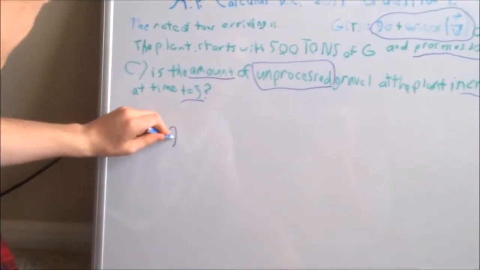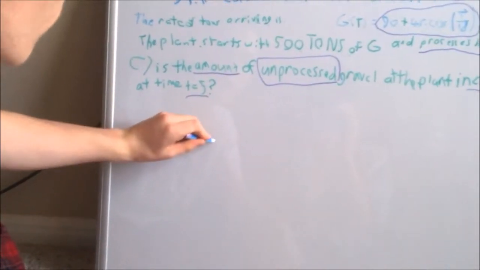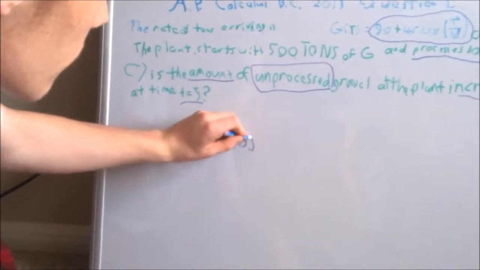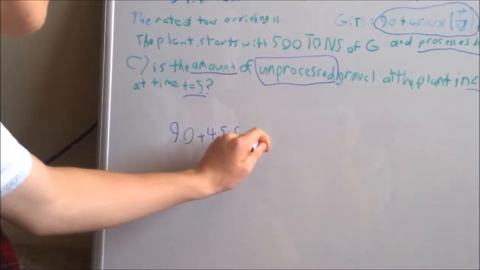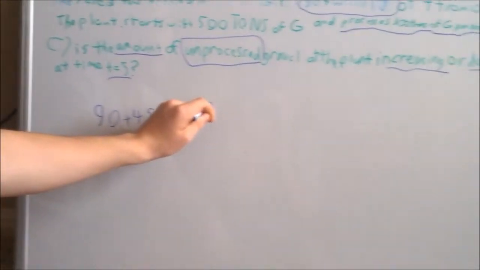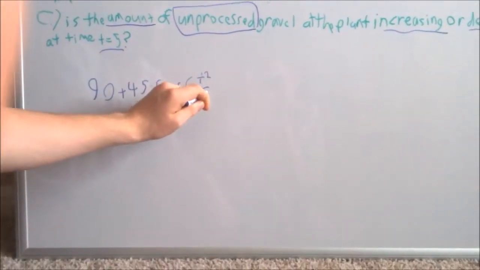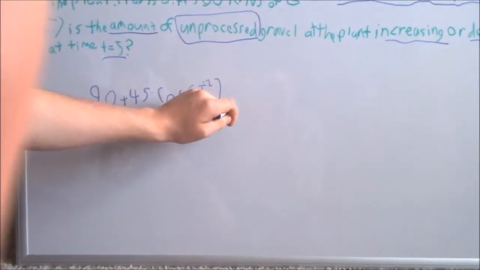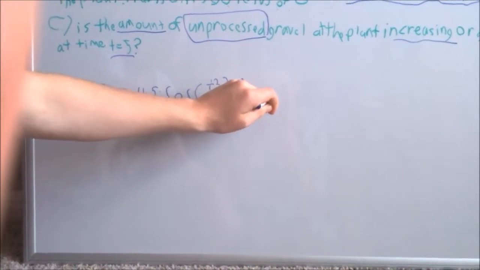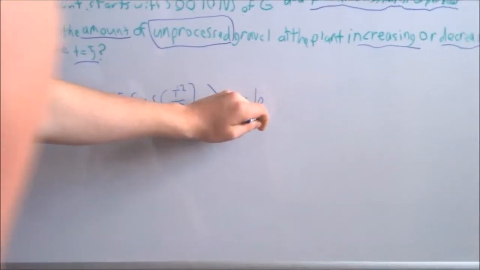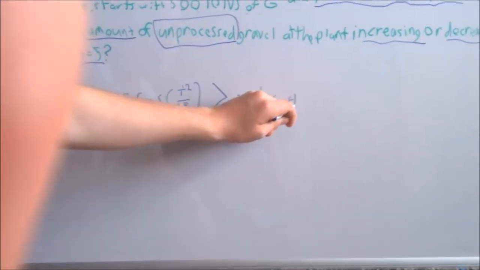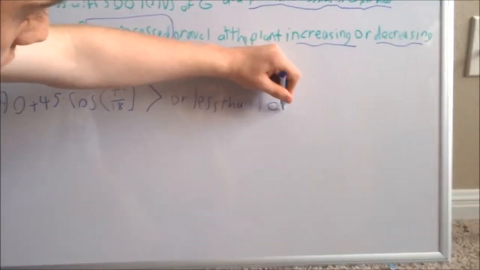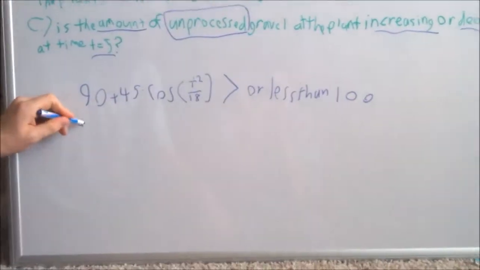It's going to be 90 plus 45 times the cosine of t squared over 18, greater than or less than 100, at 5.